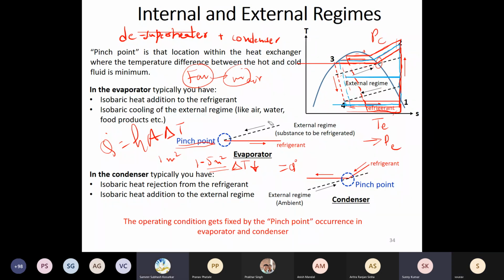Questions? Sir, the isentropic line will also move towards the right, 1 to 2. Oh, sorry. Yeah. Thank you for pointing it out.